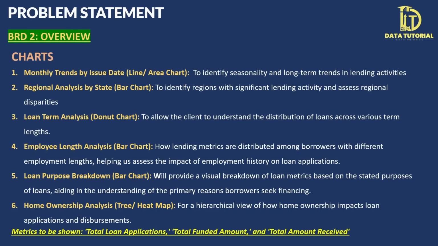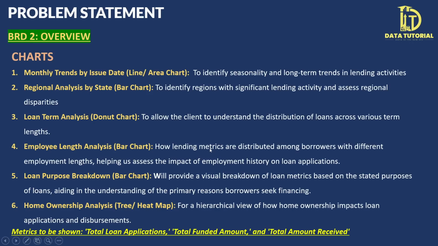The second part of the BRD is where we are going to find out different charts. At a higher level, we find different metrics, but if you want to identify where the business is not performing, that is done by different charts, right?